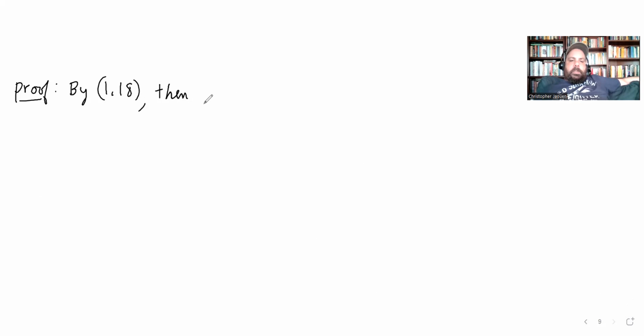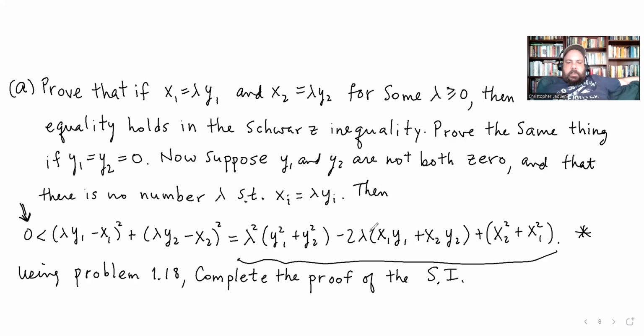So by 118, then that means that, what's the value for b? So b in this case would be negative 2 times x1 y1 plus x2 y2.